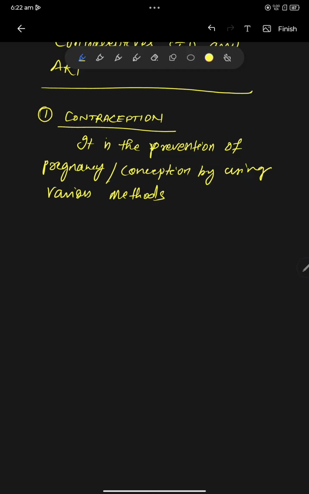Before going to the details of the various methods, let us discuss the features of an ideal contraceptive.